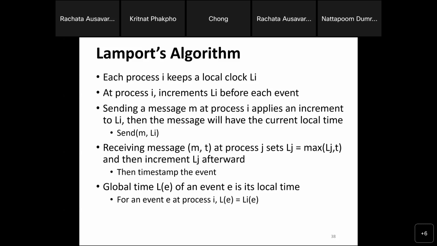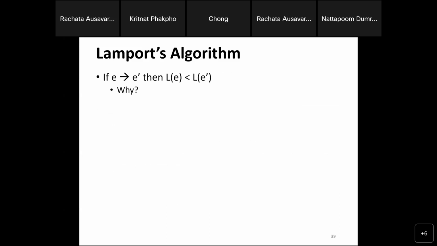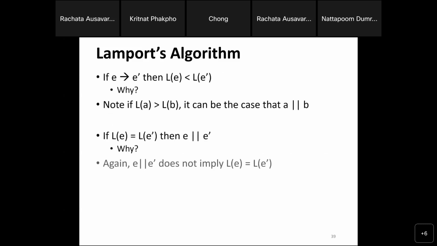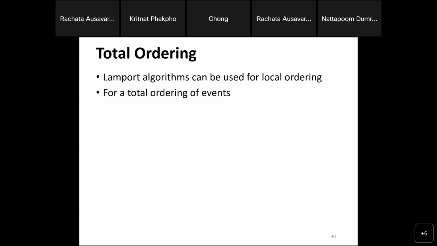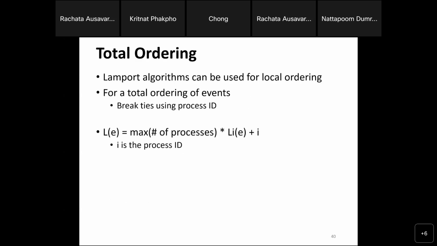So there must be some other messages if they are actually dependent and have to happen before; j should be updated. Then you can get the local ordering. For the total ordering, we just use the process ID to break ties.